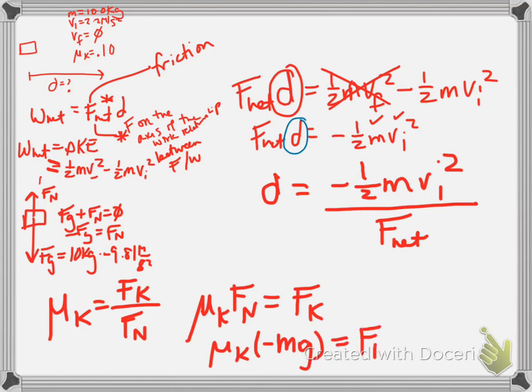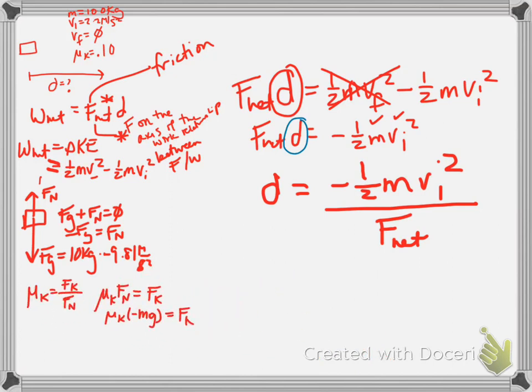And again, this is just proving what we already know. If we look at a quick sum of forces on the x-axis, it's equal to mass times acceleration, which we're not terribly worried about, but it's equal to Fk. There is no other force on the x-axis.